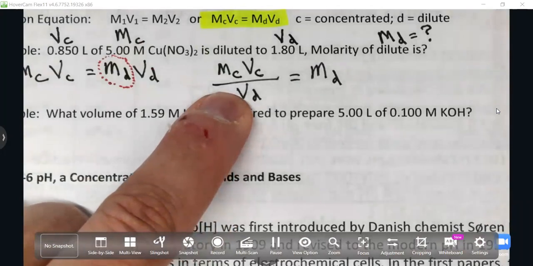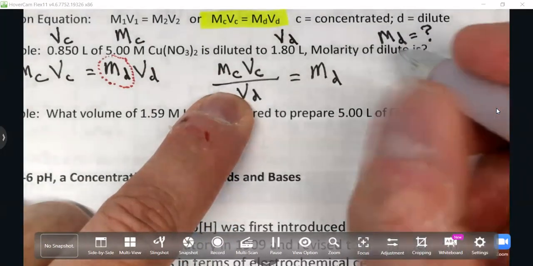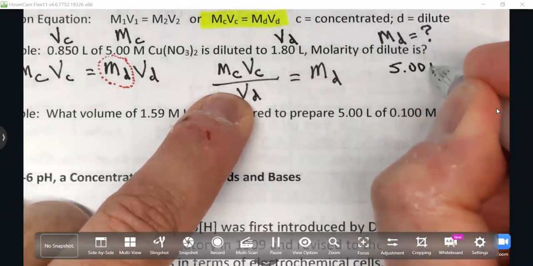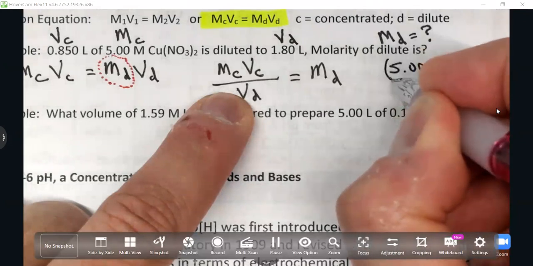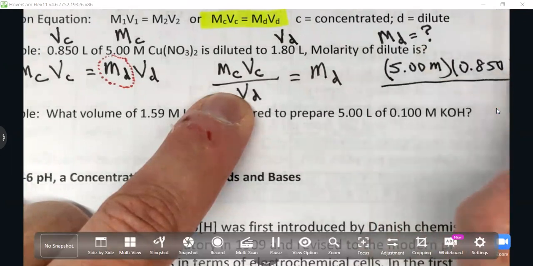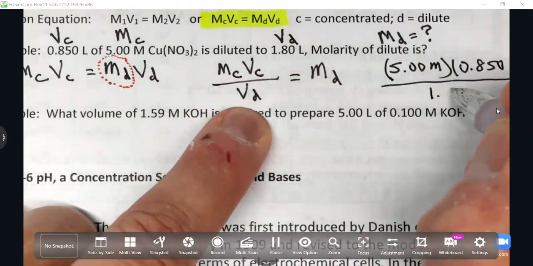So 5 molarity times 0.850 liters over 1.8 liters.